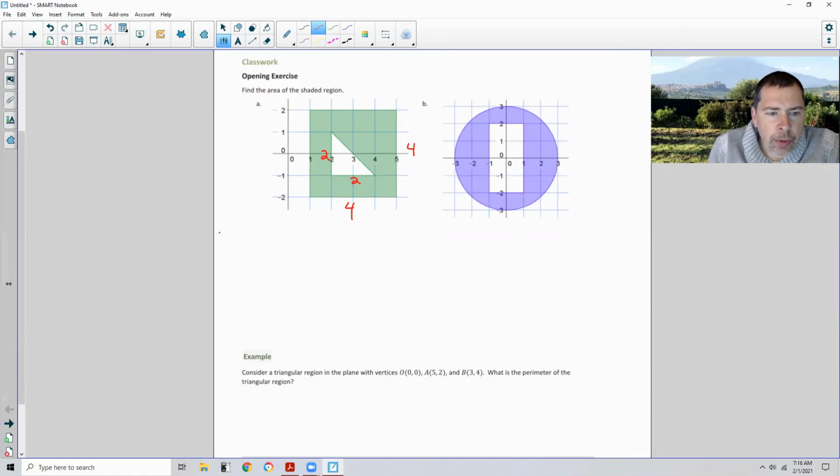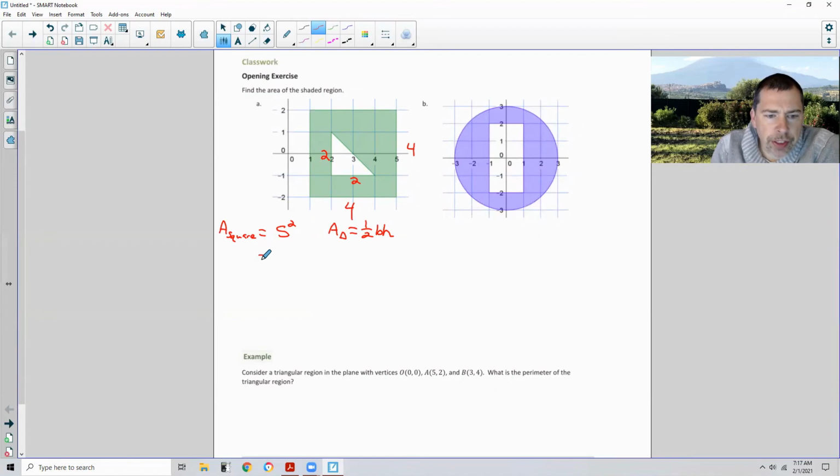So for starters, I want area of a square equals side squared. Okay, and area of a triangle equals 1/2 base times height. So you always write the formulas, substitute in the givens, and solve.